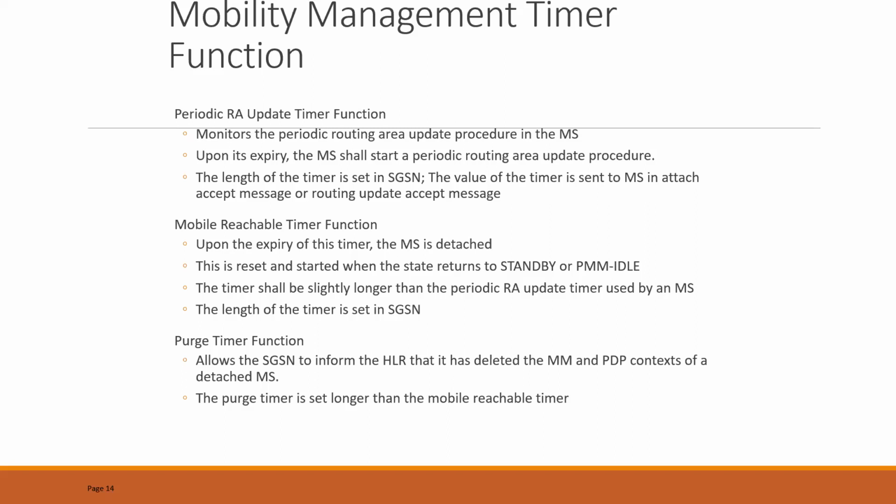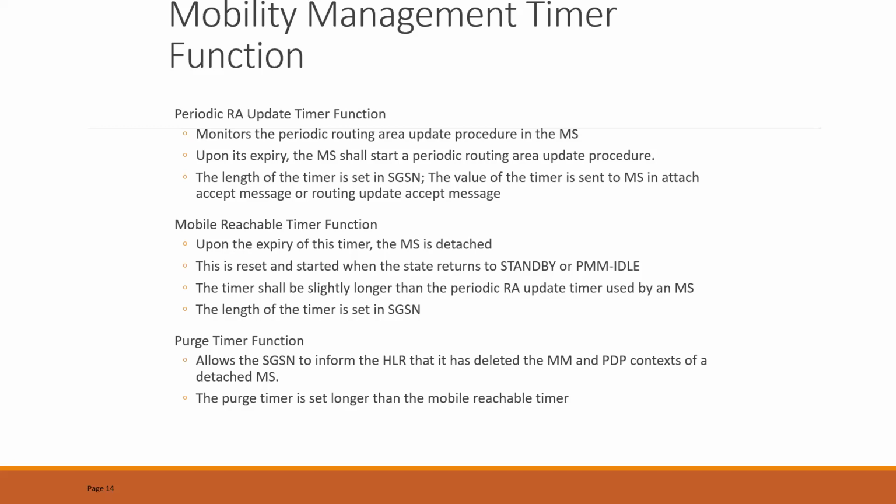The other one is the mobile reachable timer. The value of this timer is greater than the periodic routing area update timer. It is not assigned to your MSISDN; it is configured in the SGSN, and this timer ensures whether the mobile is reachable or not.